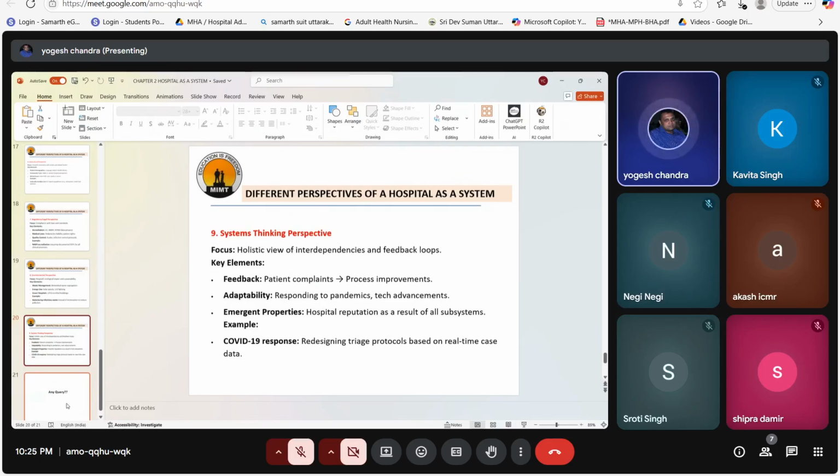And what Colonel Negi has said is a different kind of perspective. I am not saying it is wrong, because one thing is very important in any study or research: there is nothing wrong, only you have to support your thought process and your argument with some kind of evidence. When you complete this study and somebody goes for a PhD, nothing is wrong, only you have to prove it with research data.